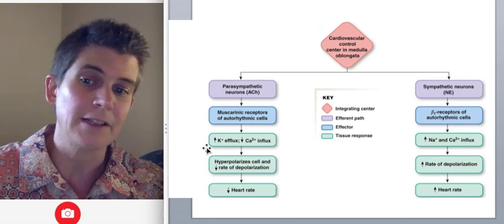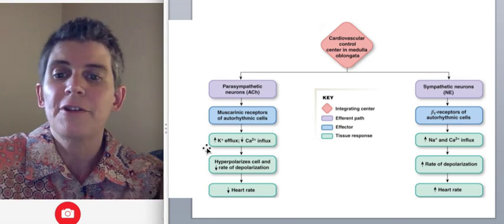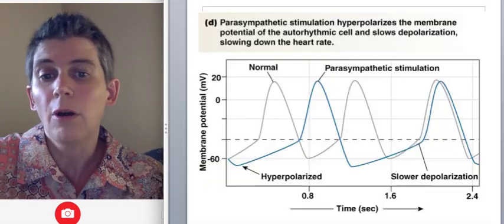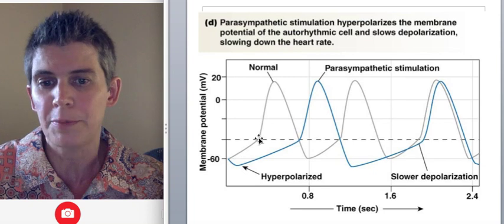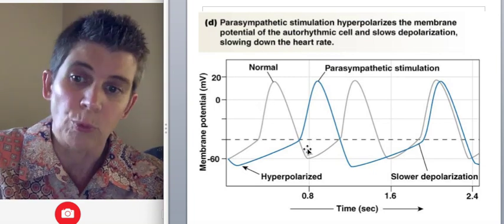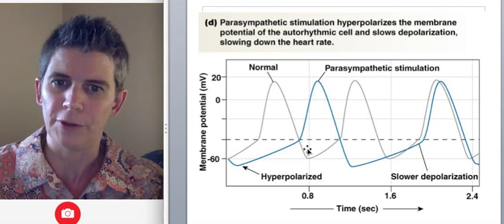So you have more potassium leaving the cell. And so that's going to make the time it takes to depolarize to threshold longer.